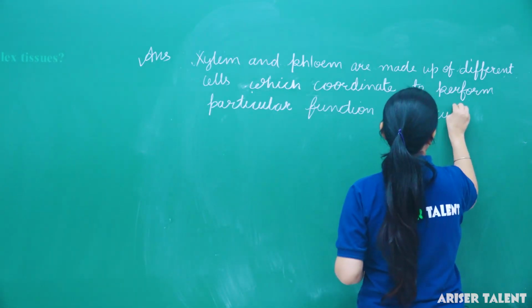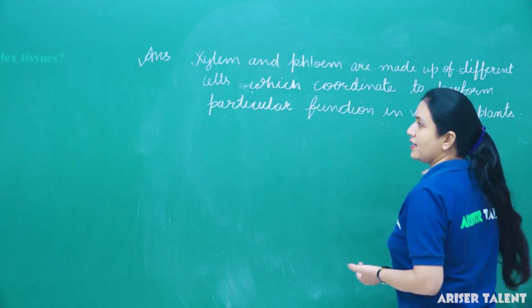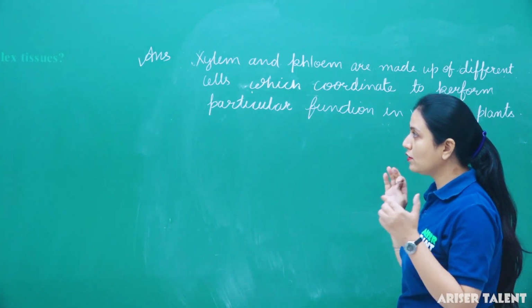So this is the answer of why are xylem and phloem called complex tissues.